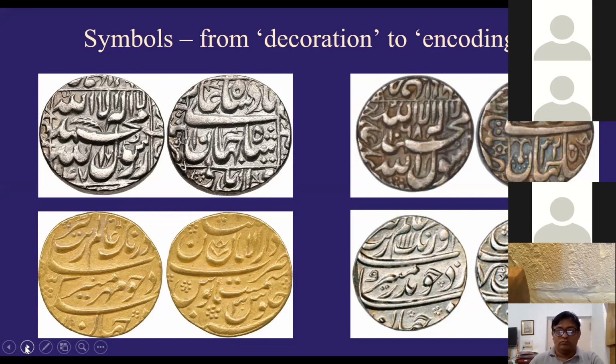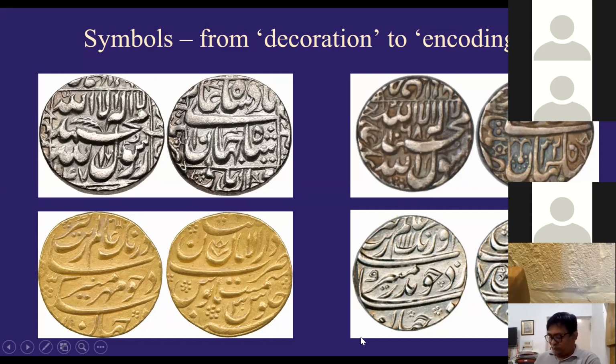On the top left, you can see that there is a feather-like thing, just above the word Muhammad. And on the top right coin, deep down in the corner, you see a flower-like thing. The same flower-like thing appears on the gold coin in the middle, and a similar sort of flowery thing, not exactly the same, appears on the silver coin on the bottom right as well.